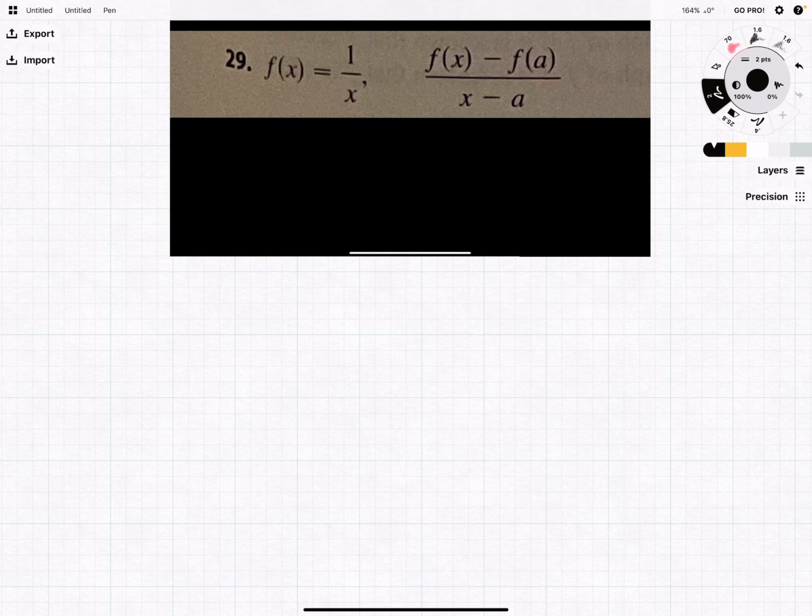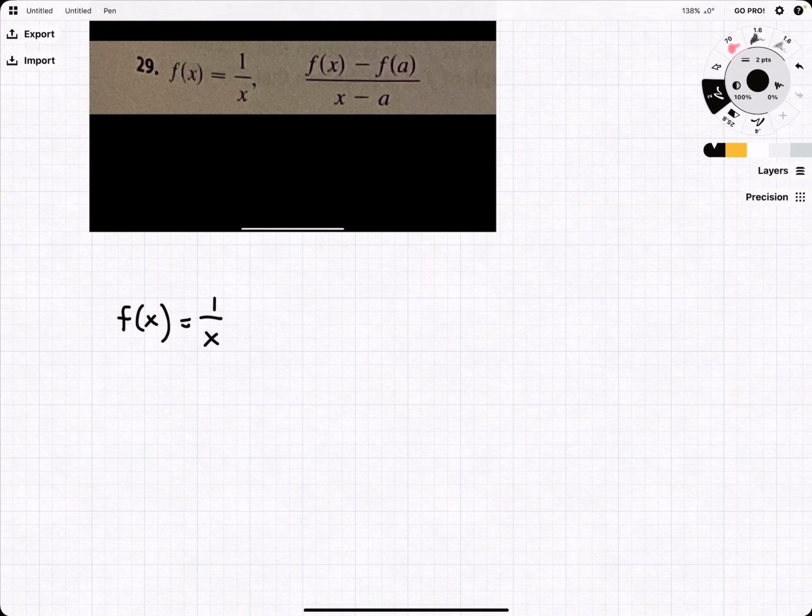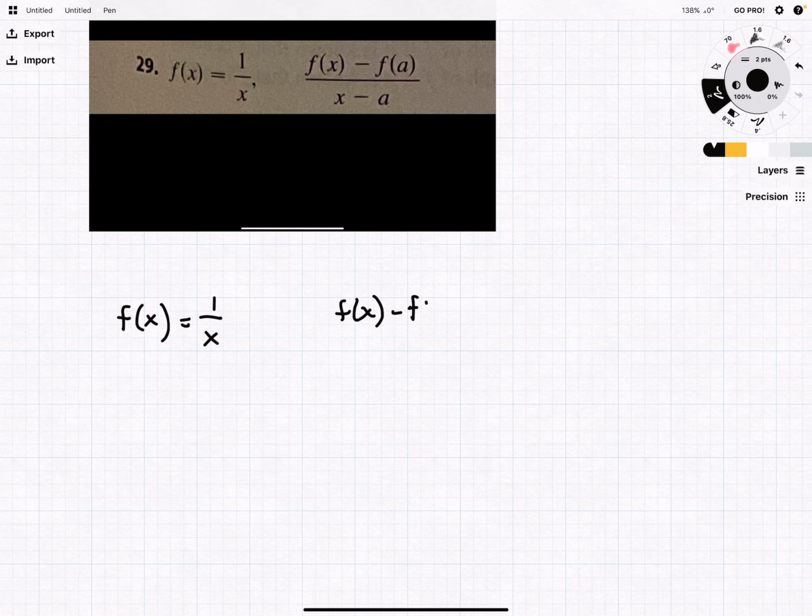So I'm going to rewrite f of x and what exactly they want us to do. f of x equals 1 over x, that's our rule, and they want us to do f of x minus f of a all over x minus a. Whatever's in the parentheses, that's what we're plugging in for x.